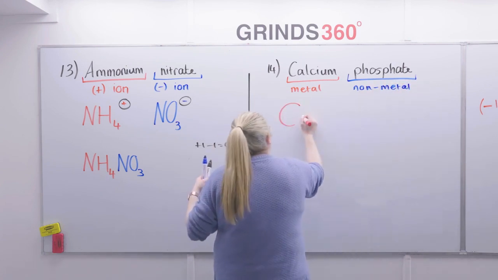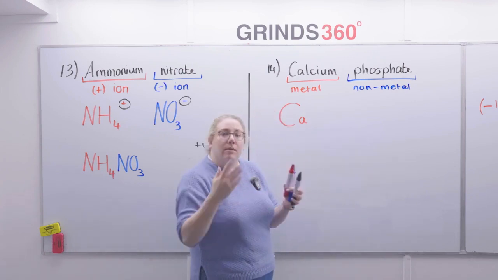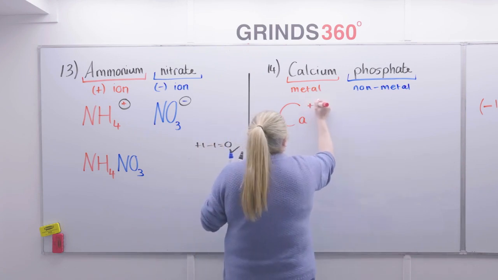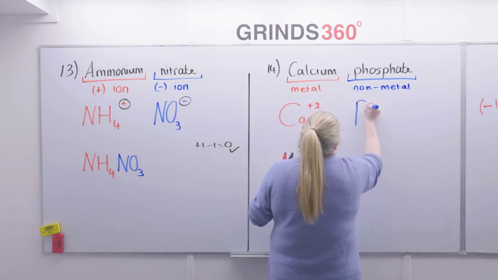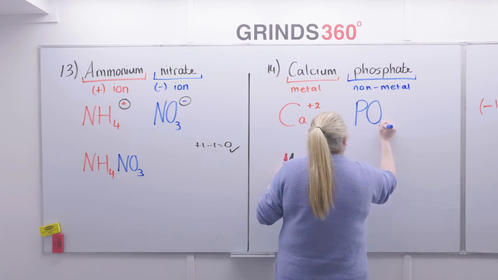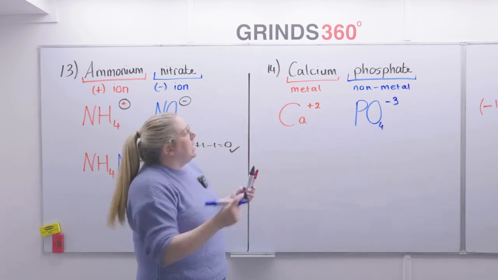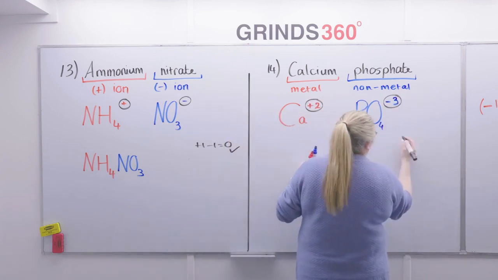Calcium is Ca. Calcium is found in group 2 of the periodic table, and remember your group 2 elements will have a +2 charge because they will lose 2 electrons. Now the phosphate is PO4 minus 3. It's one of the bigger ones. Now check your charges. You have a +2 and a -3.